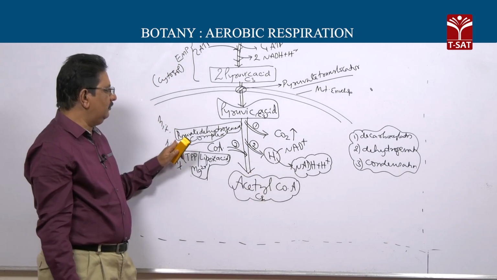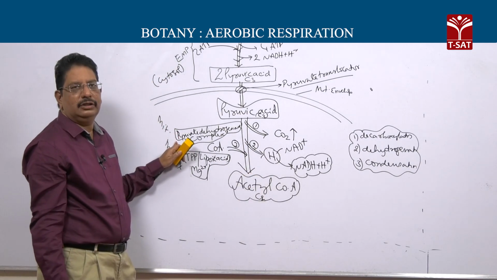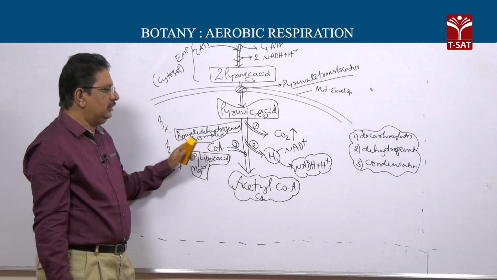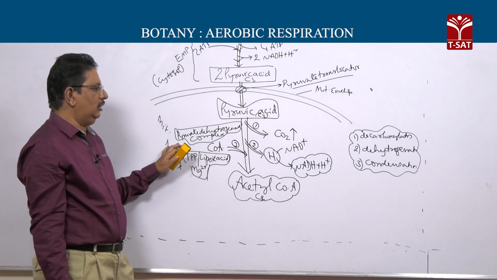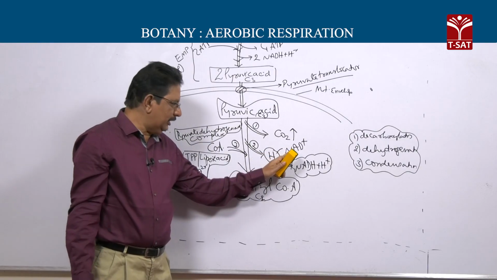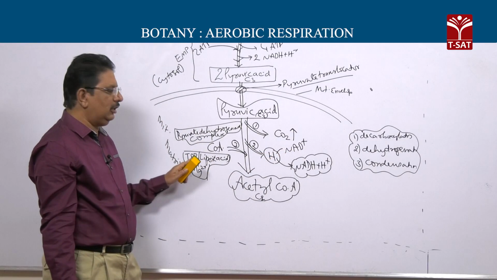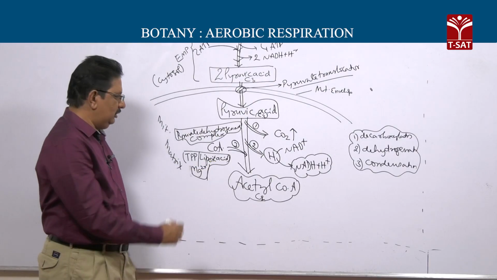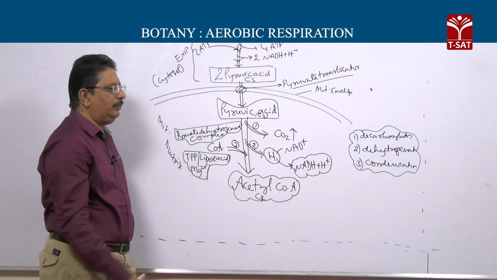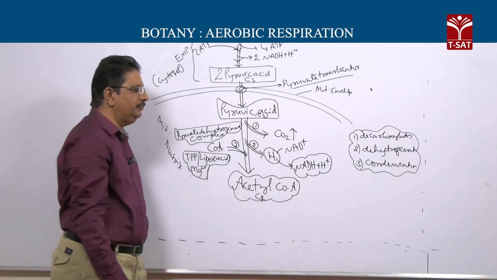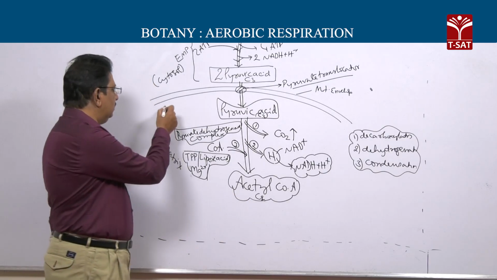So for activation of pyruvate dehydrogenase, some additional cofactors are required in the presence of NAD plus, coenzyme A, thiamine pyrophosphate, lipoic acid, magnesium. The pyruvic acid converts into acetyl coenzyme A.